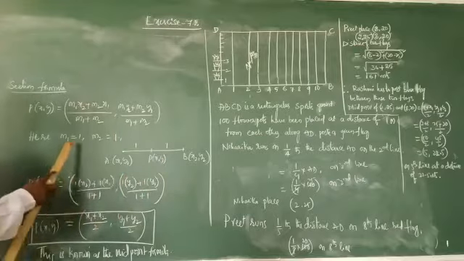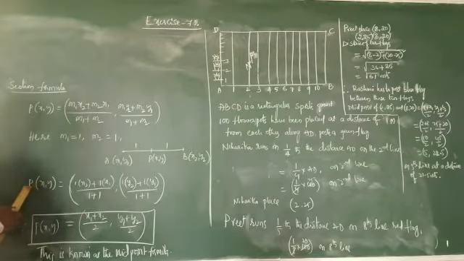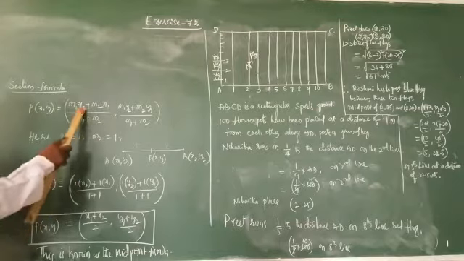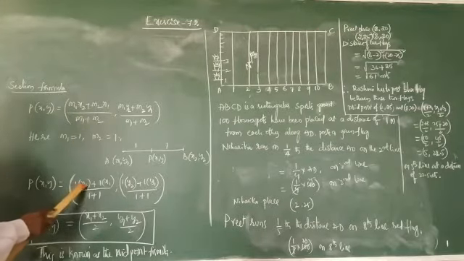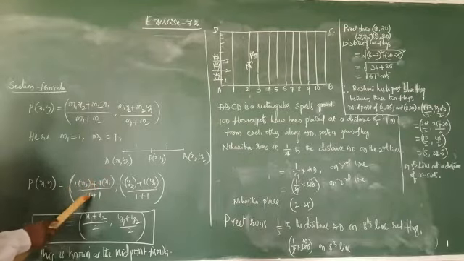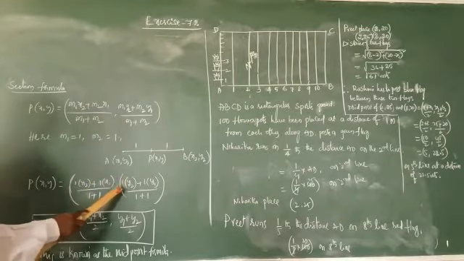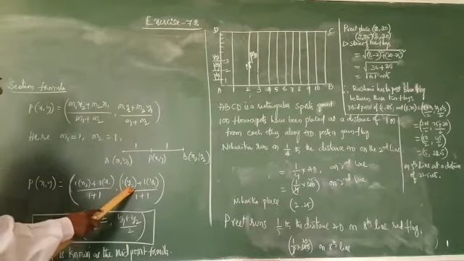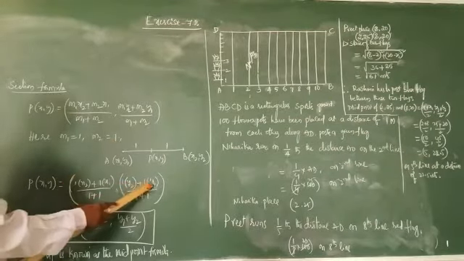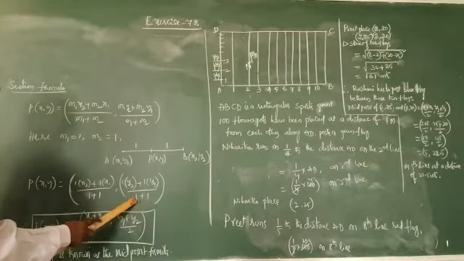So you can write down the section formula: P(x, y) equals m1 means 1 into x2 plus m2 means also 1 into x1, by m1 plus m2, 1 plus 1. Here also m1 y2 plus m2 y1 by 1 plus 1.